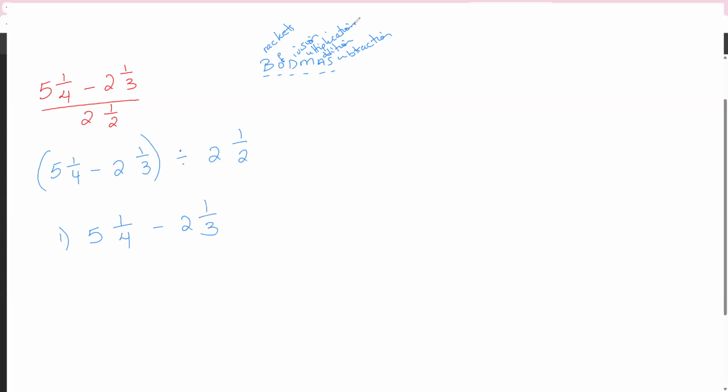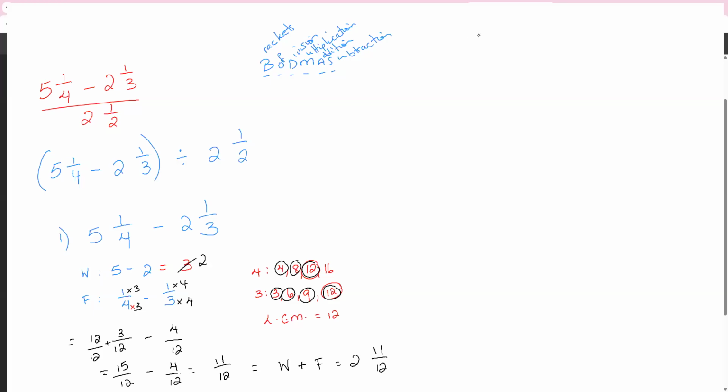All right, so let's work this part. All right, so when we subtracted our numerator, we got 2 and 11 over 12, right? So we worked the numerator first to simplify it.